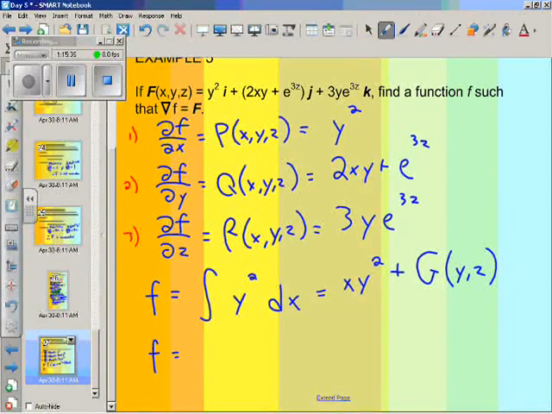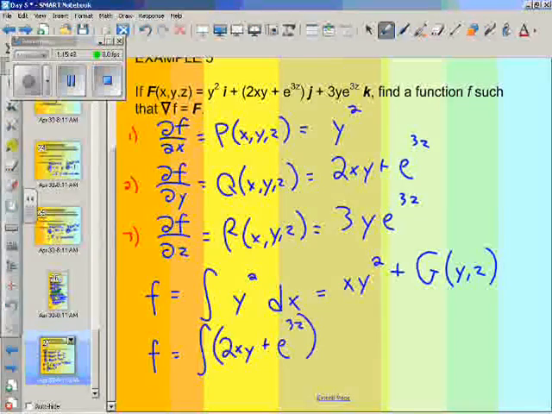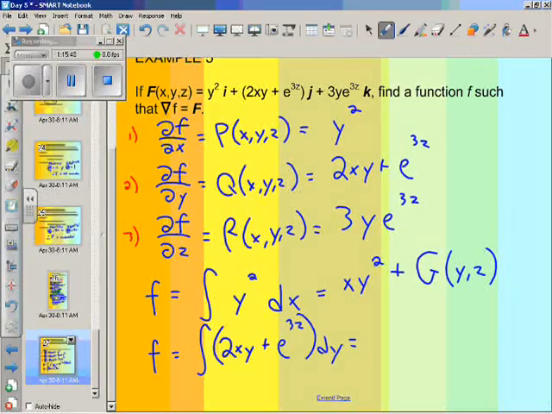We also know that f is going to be equal to the integral of 2xy plus e to the 3z dy, which is going to be xy squared plus y e to the 3z plus some function of x and z.